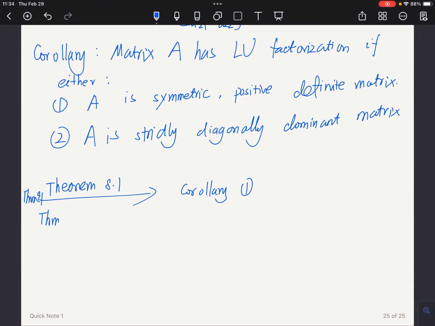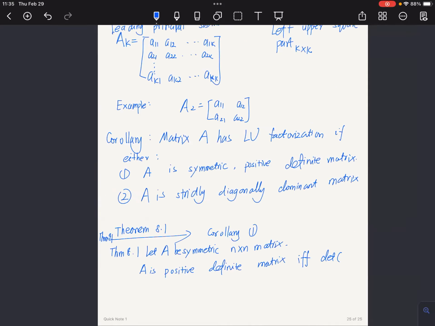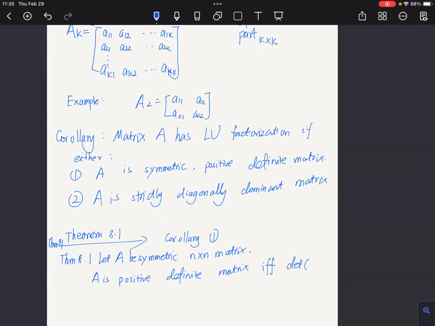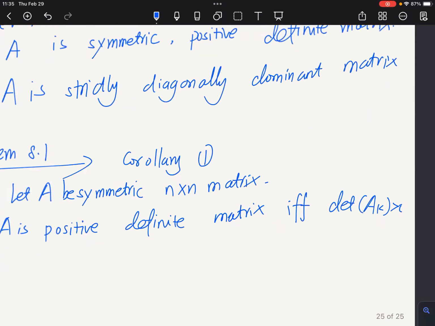Theorem 8.1 says that if A is a symmetric n by n matrix, then A is a positive definite matrix if and only if the determinant of the leading principal matrix is always bigger than 0.